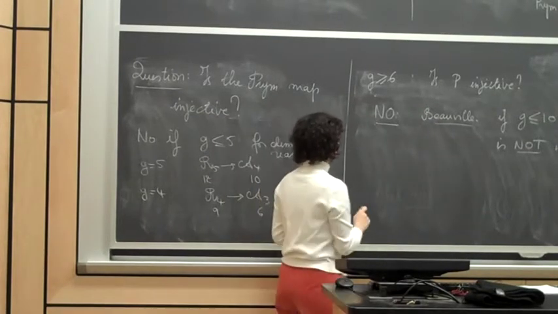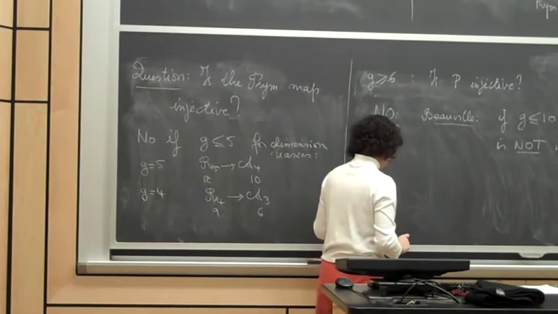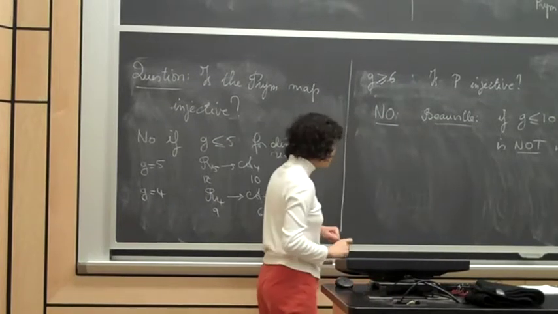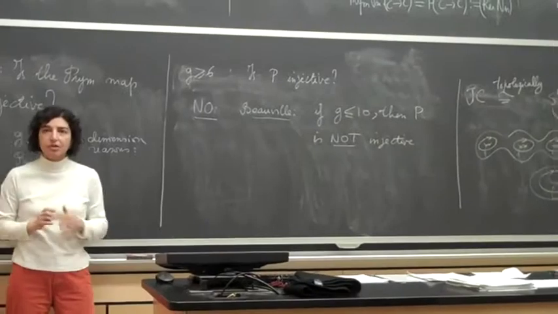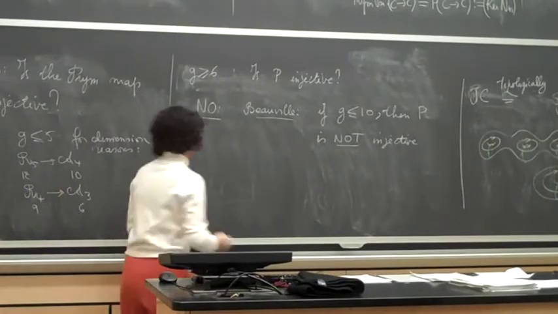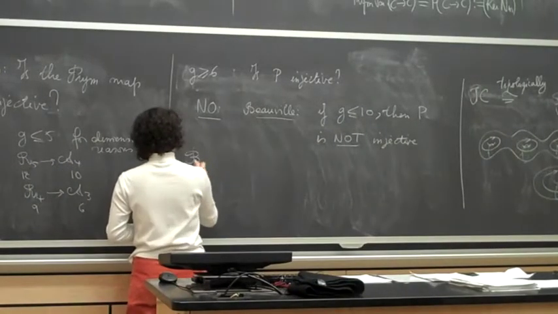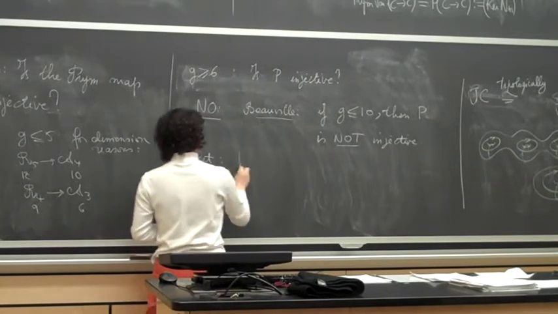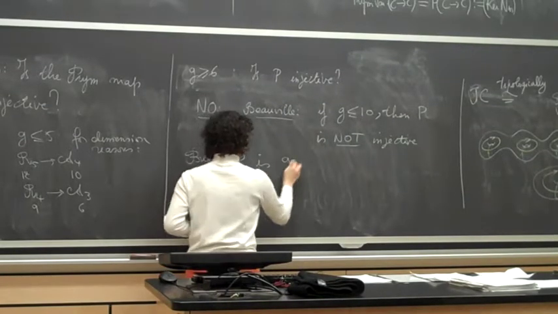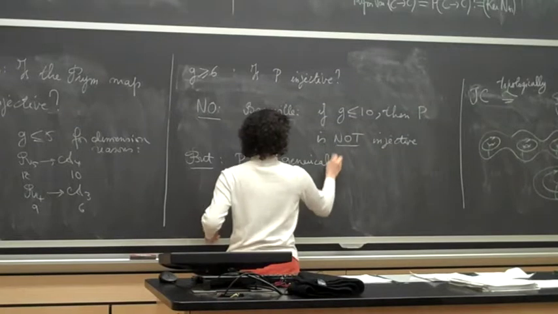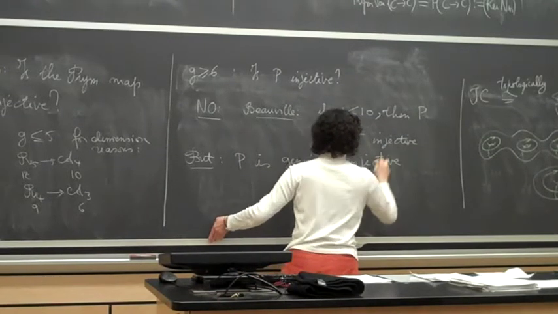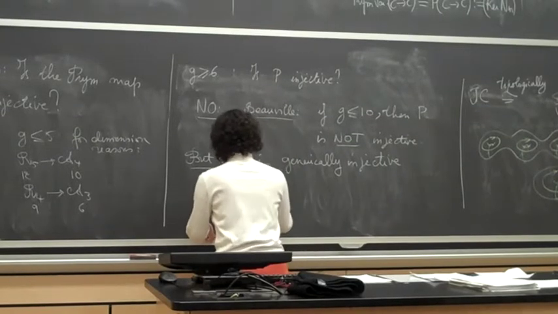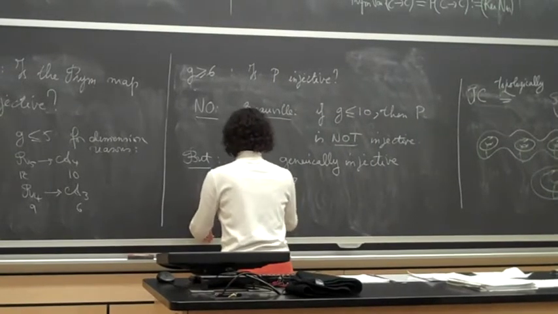But then people said, well, okay, it's not injective, but there's another notion in algebraic geometry which is generic injectivity. So P is generically injective for G greater than or equal to 7.